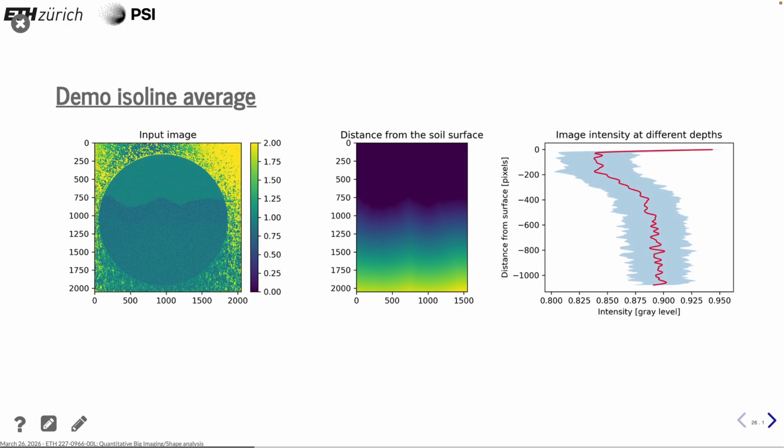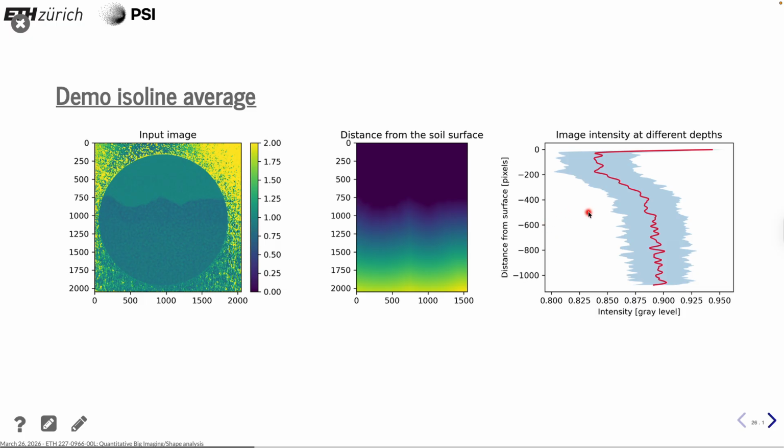Another example is here, where we have a little mini soil sample with a surface here, and we want to know how the porosity changes in the vertical direction. There is actually a full notebook demonstrating all the steps of how to do this. Let's start by computing the distance map from the surface down into the object, and then we can compute the image intensity at different depths from the surface.